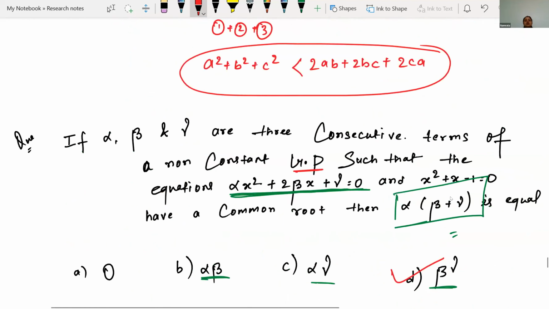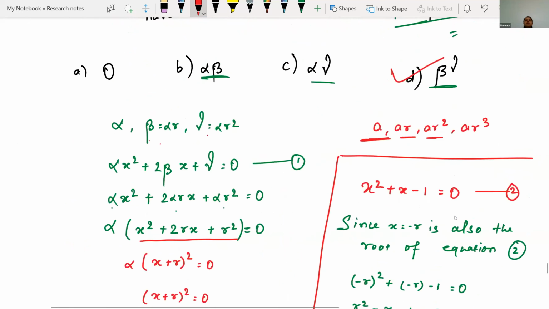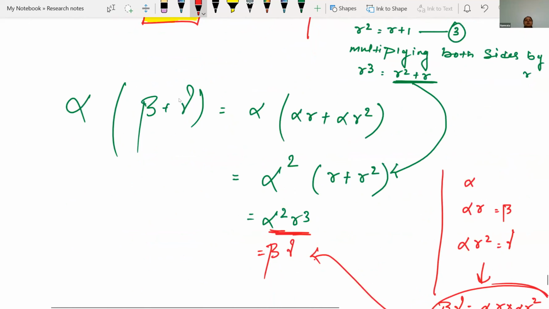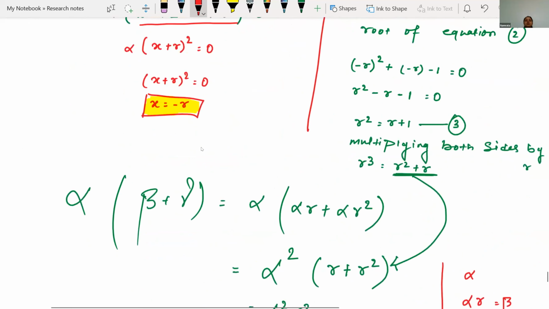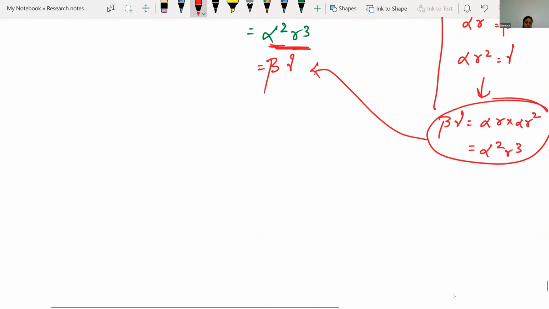Now it was asked in the question to calculate alpha into the bracket of beta plus gamma. So we calculated it by substituting the beta and gamma values, and there we did the substitution by using our equation number 3. That's it.